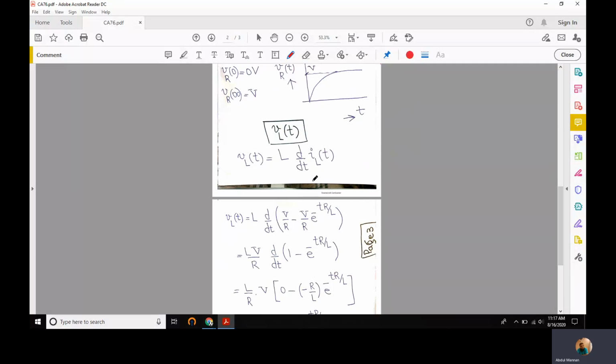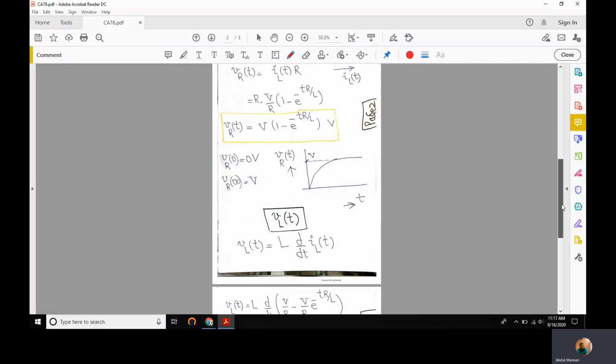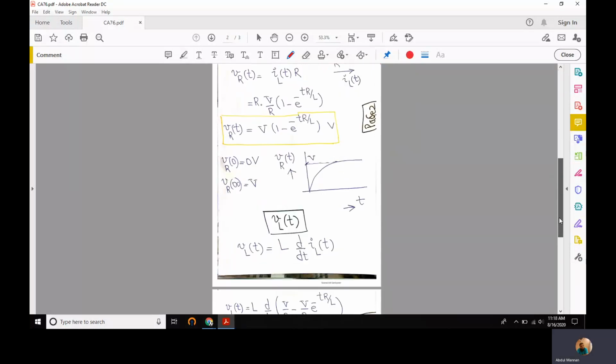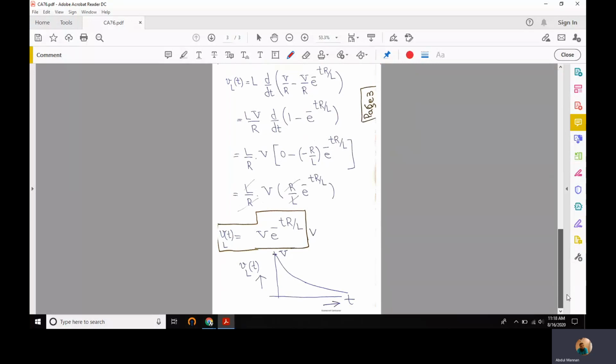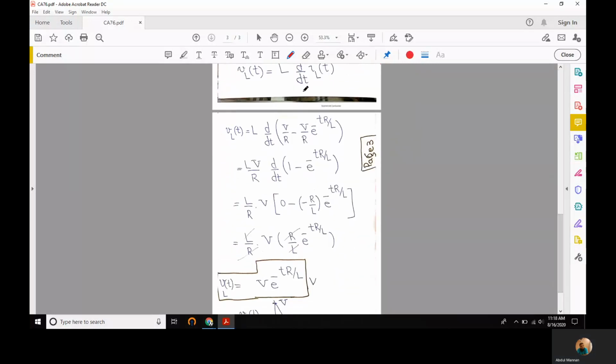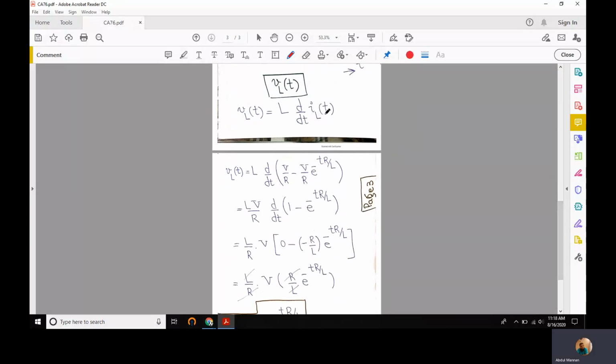The expression for current was computed in the last lecture and is written in our recap. So we put the value of I sub L of t here: V over R minus V over R e to the minus t R over L.